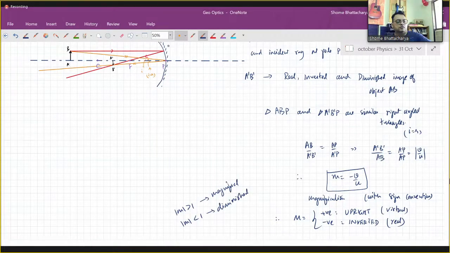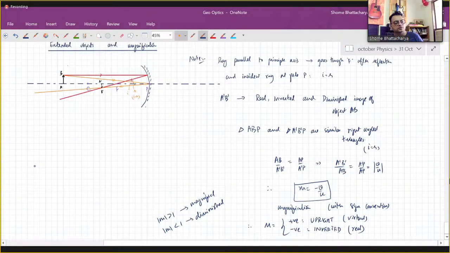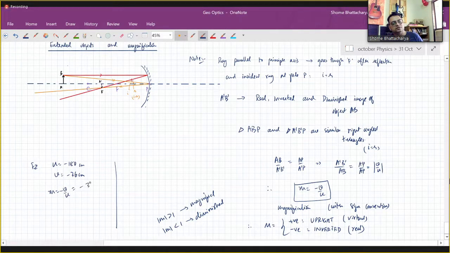So for example, in those questions we had done a while back, suppose our U was minus 180 and our V had come out to be minus 36. So our magnification, which is minus V by U, becomes minus of 36 by 180.